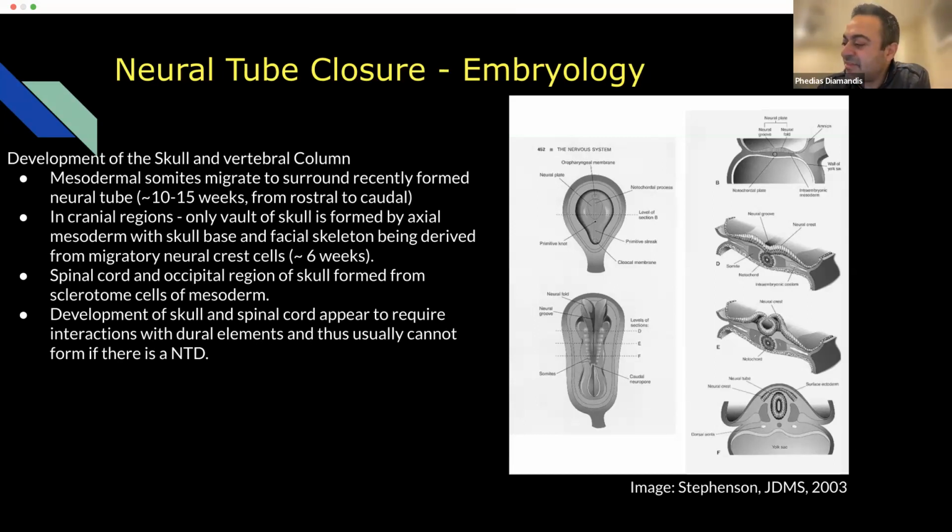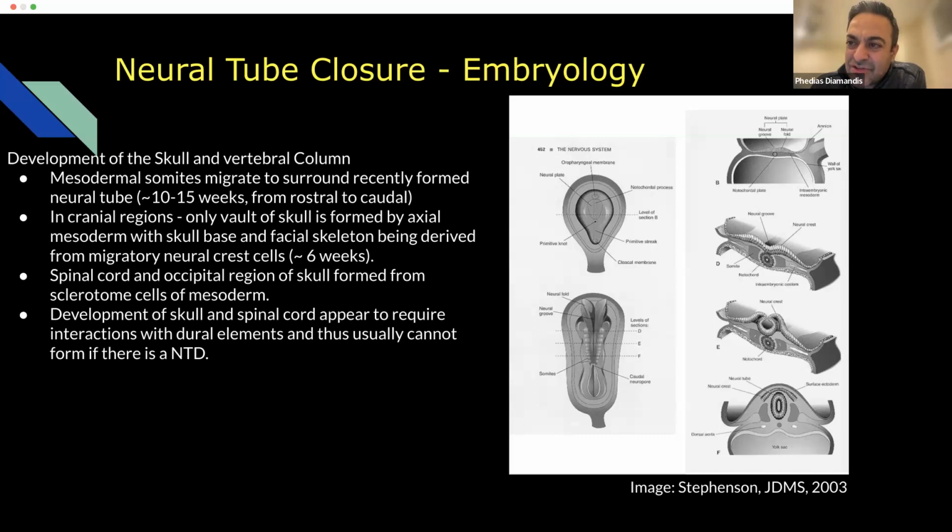And this is why I think it's important to group these disorders together, even though they appear to be embryologically distinct, because if there are defects in focal areas of skull development, one may presume that there may also be some subtle defects in how the neural tube closed that may be the reason why you have the skull defects.